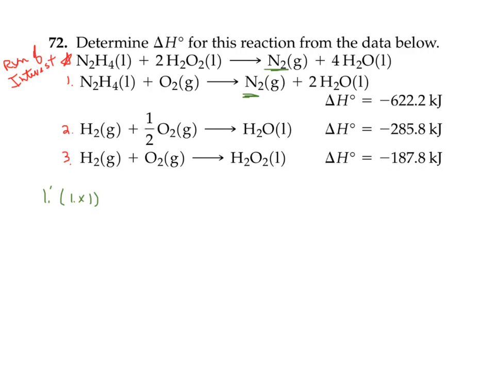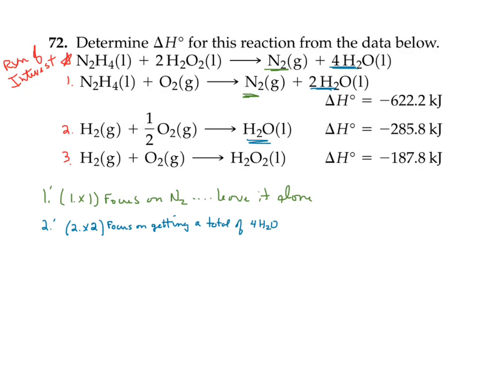Okay. The next one, reaction of interest. We have 3 puzzle pieces. There are our hints for what you do with each. Oh, okay. So this one is finally something a little bit different. Notice that my note for puzzle piece equation 2 is to focus on getting a total of 4 waters.